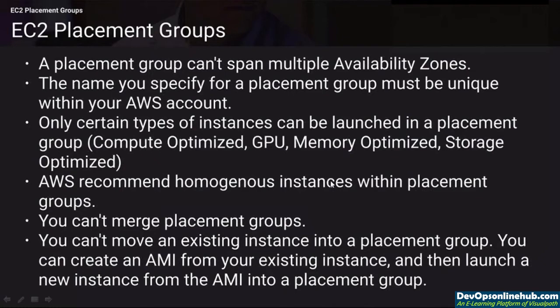Rather, I'll have to use something else that is called EFS, which is called Elastic File System. Let's go ahead and talk about that Elastic File System. I'll open the slide.